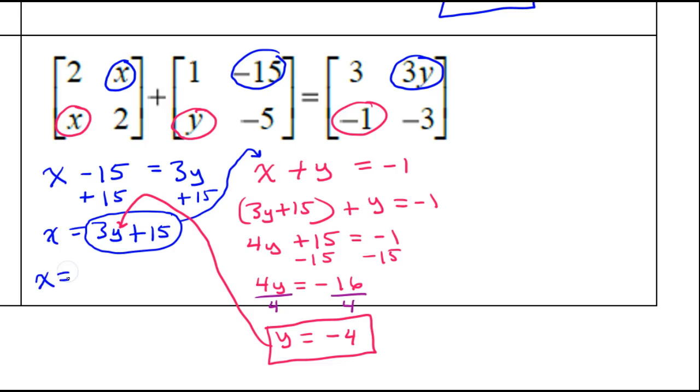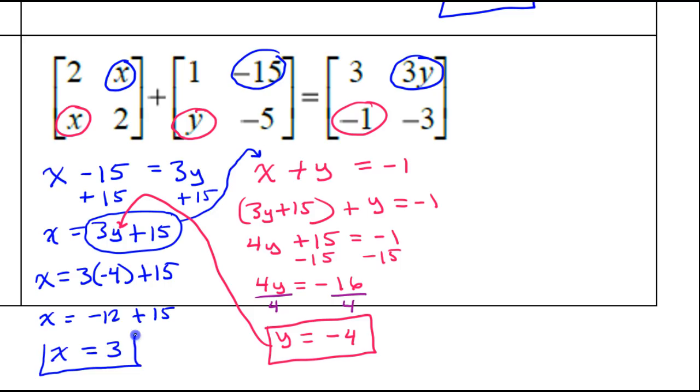So that will give me x is equal to 3 times negative 4 plus 15. So that will give me x is equal to negative 12 plus 15. So that tells me that x is equal to 3. So x equals 3 and y equals negative 4.